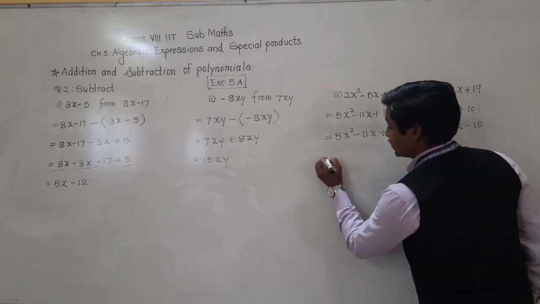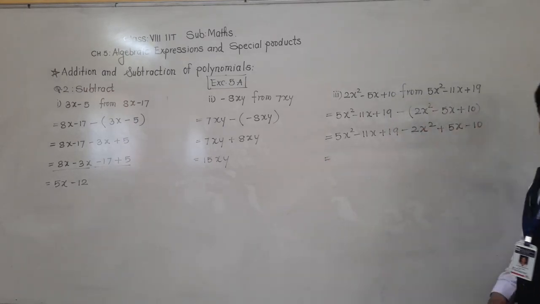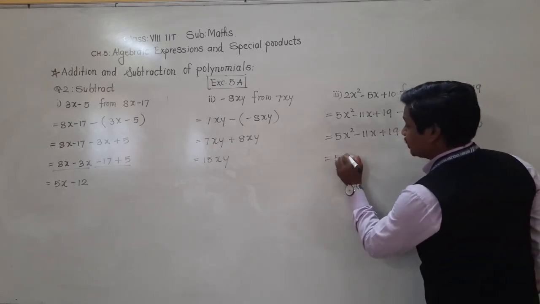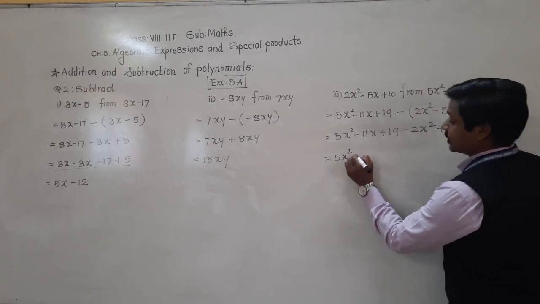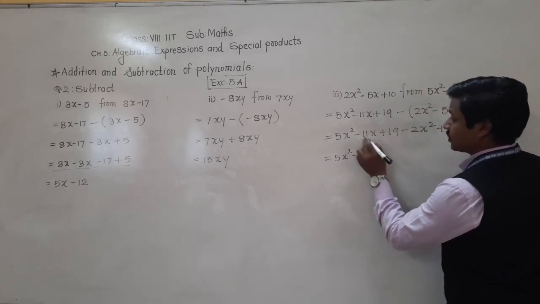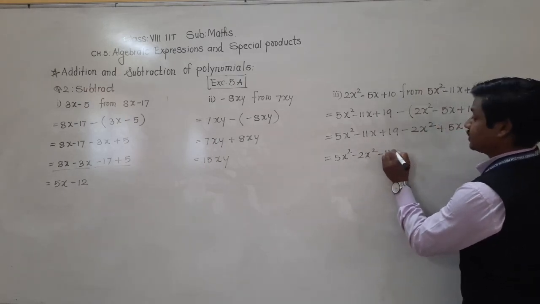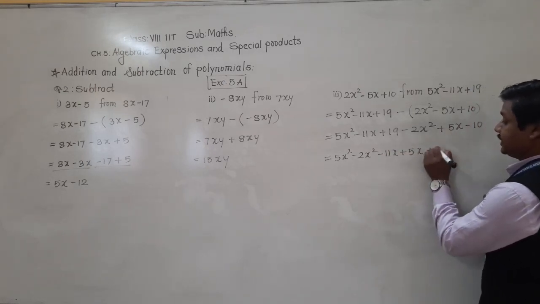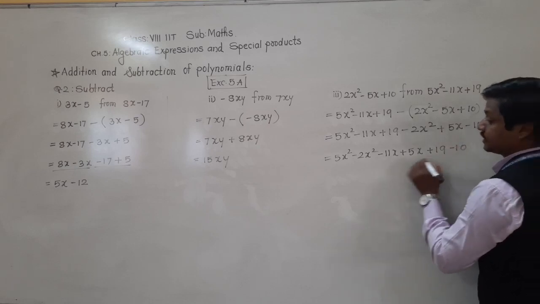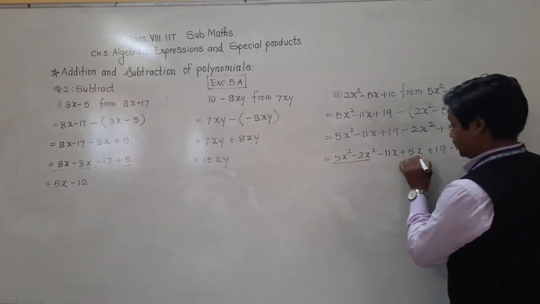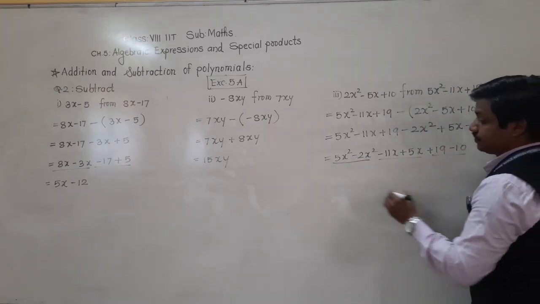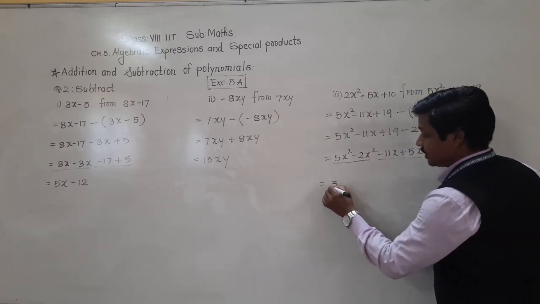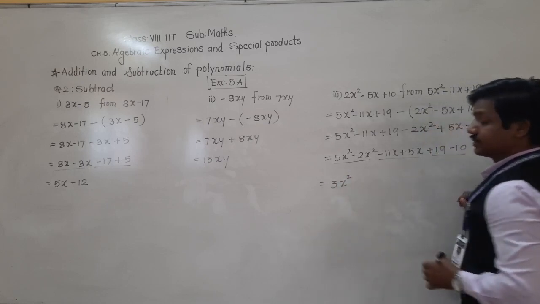Understood? Now the next step is take like terms together. So 5x square minus 2x square, minus 11x plus 5x, plus 19 minus 10. So this is one group, this is one group, this is one group. 5x square minus 2x square, 3x square.